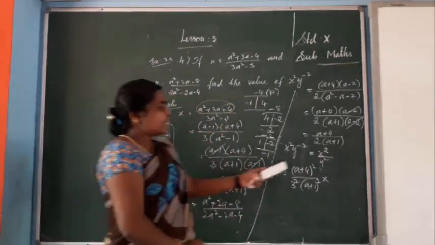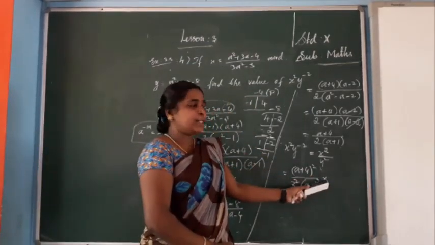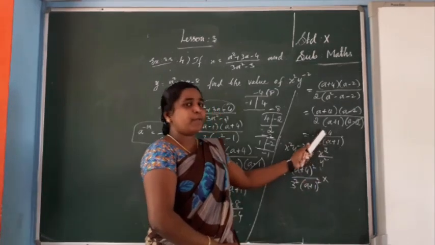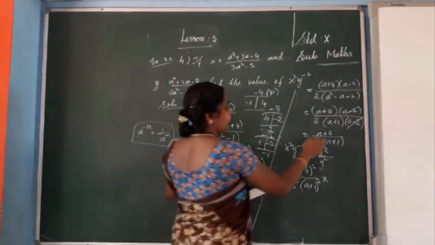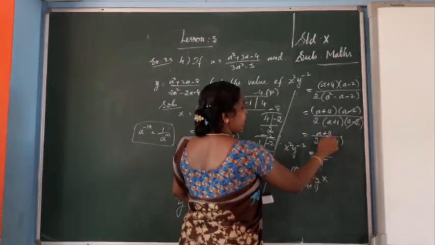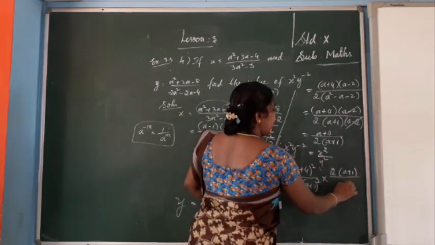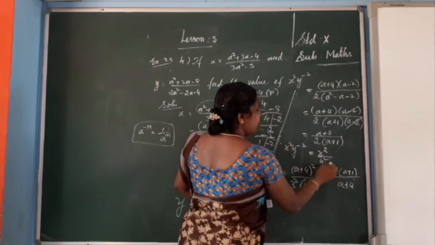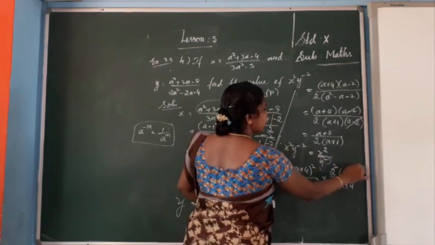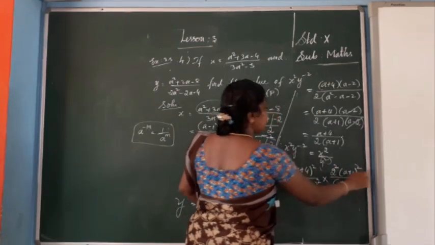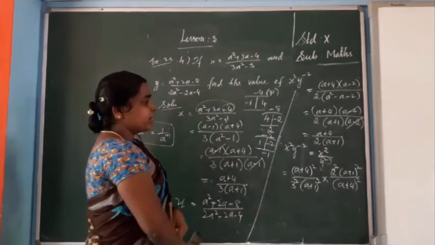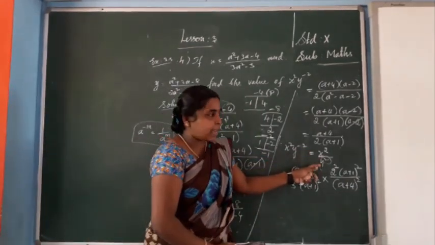Then instead of divide I am writing into and the reciprocal of the y value. So the reciprocal of the y value is 2 into a plus 1 by a plus 4. There the square is there, so square all the values: a plus 4 the whole square. Don't confuse, it is x square by y square only.